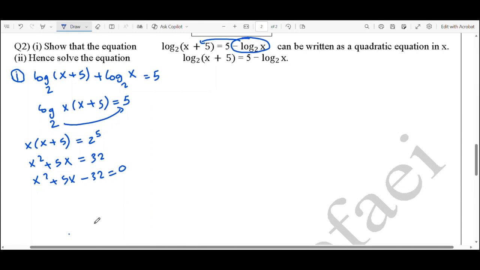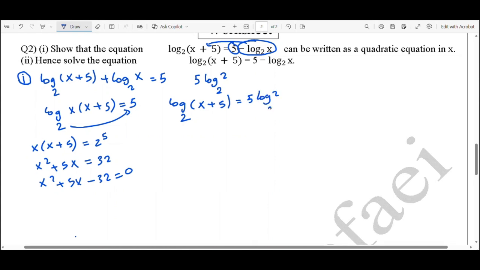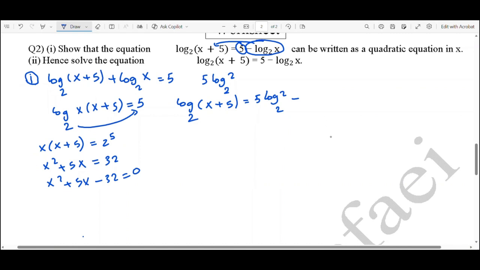Okay, I'm going to solve it another way compared to the Edexcel. Edexcel students, 5 can be written as 5 log 2 to the base 2. So log x plus 5 to the base 2 equals 5 log 2 to the base 2 minus log x to the base 2.